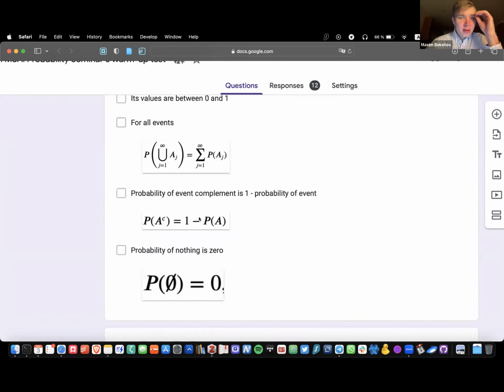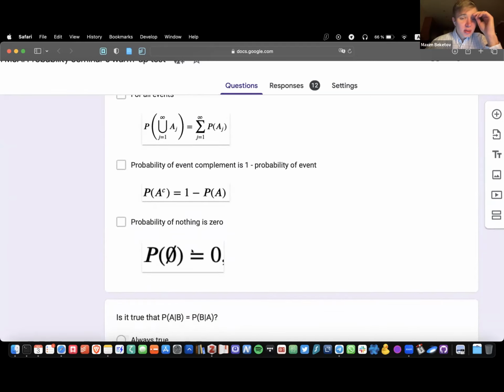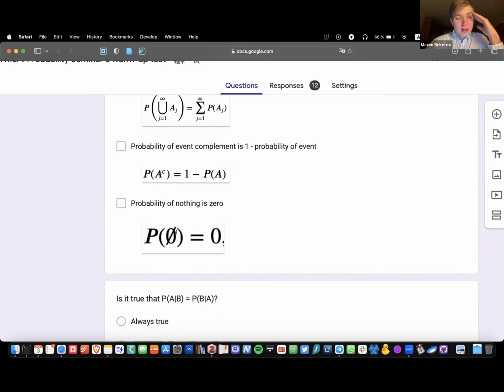Probability of the complement to an event is 1 minus probability of the event. That is true. And probability of nothing is 0. I guess this is also technically true. It depends on what you mean by nothing.